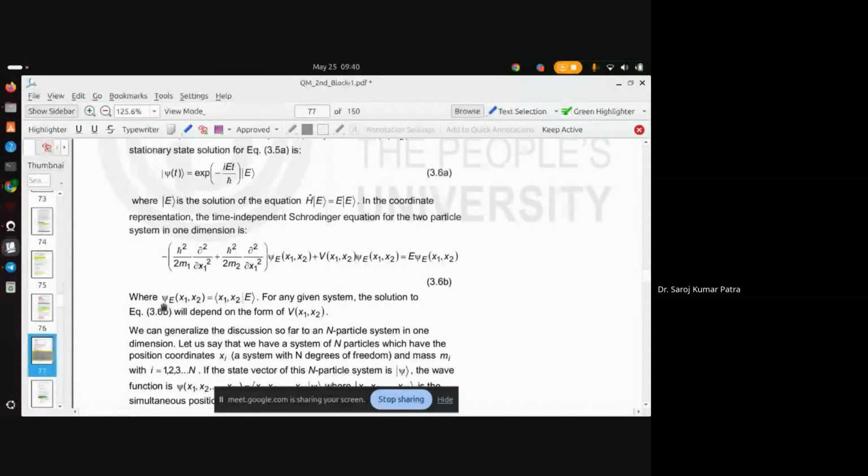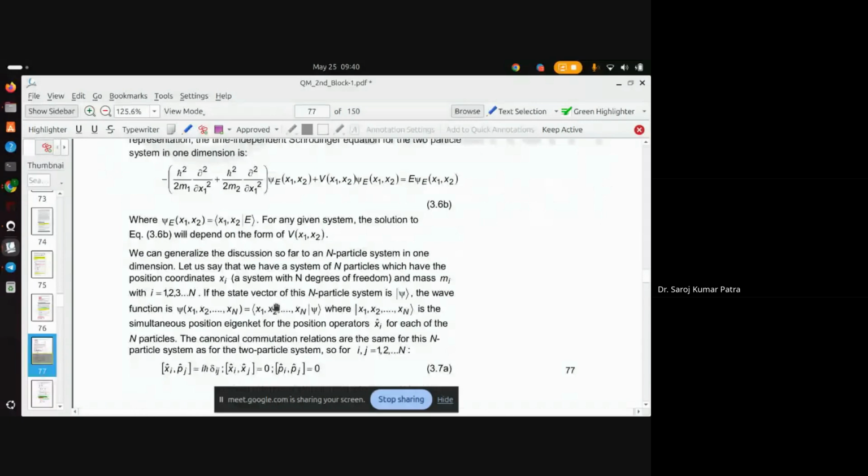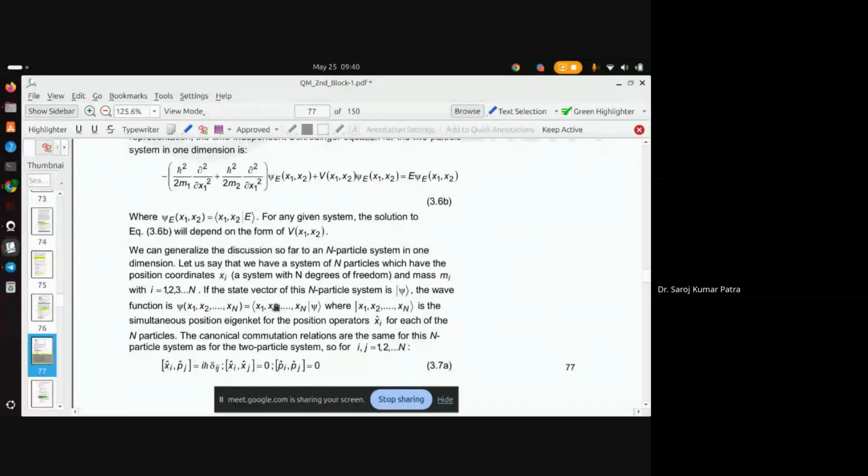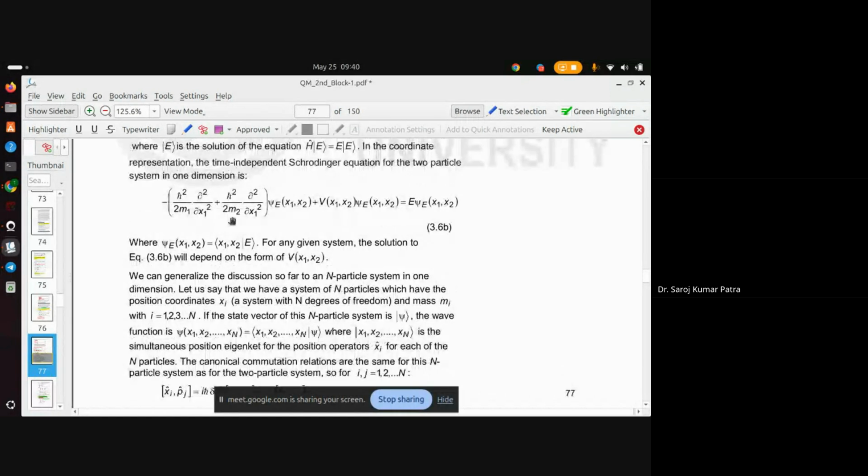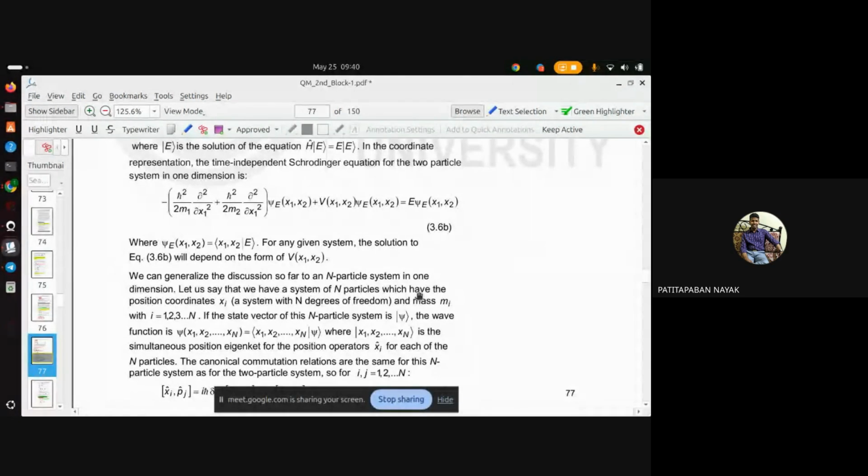So psi_E(x1, x2), which is the energy eigenstate, is nothing but the bra <x1 x2| with |E>. Is it clear up to this point? All of you are following this equation 3.6b? Yes, sir. Okay.